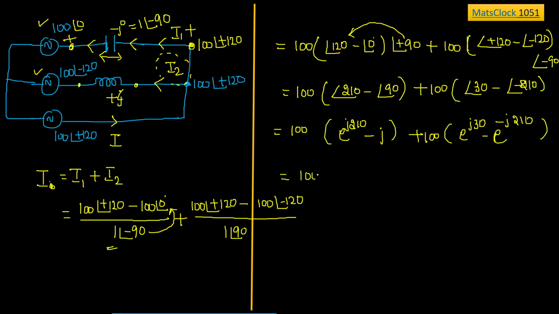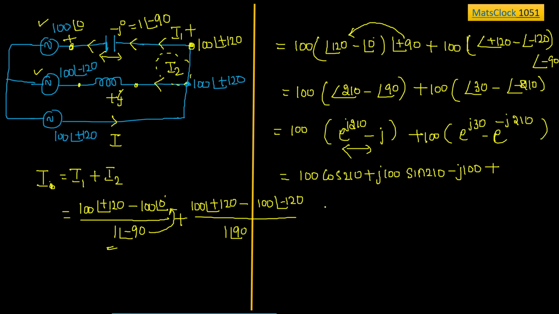So it can be written as 100 into, I am directly multiplying 100 inside now. e power j 210 can be written as 100 into cos of 210 plus j into 100 times sine of 210. Then minus j times 100. 100 is common for both terms, right? So with all terms 100 will appear.